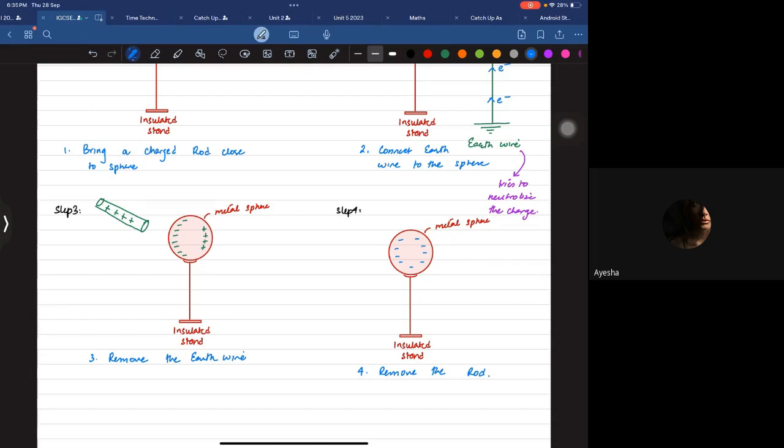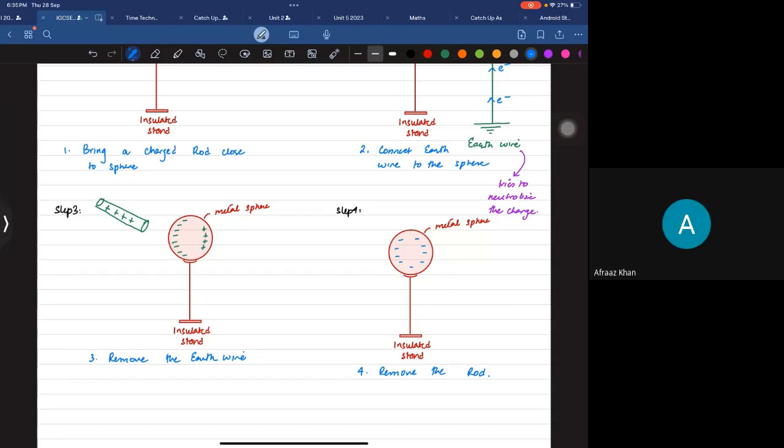Now, I just want to ask you one question. And the question is, what if we had removed the earth wire later and the rod first? What would have happened then? Do you guys have any idea?